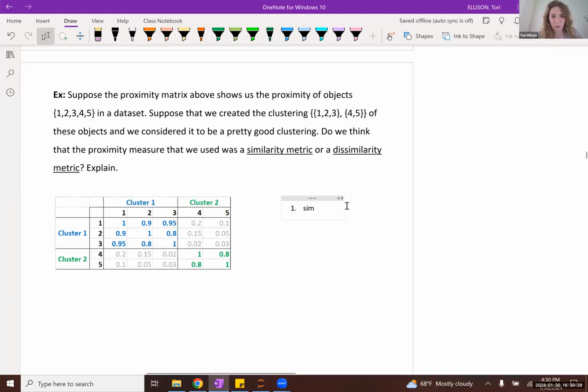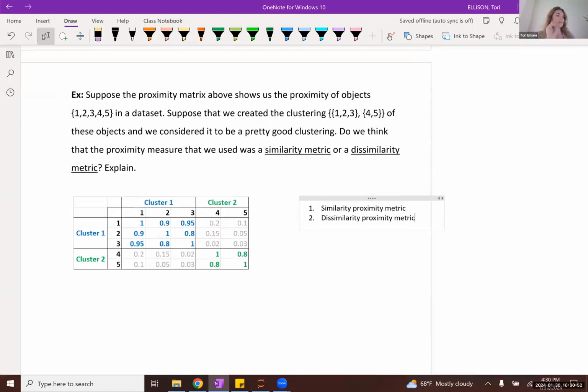So I'll put this into a poll. 1 is we were using a similarity proximity metric, and 2 is we were using a dissimilarity proximity metric. Let me do a poll. Okay, so given that we said this is a good clustering, what type of proximity metric were we using?